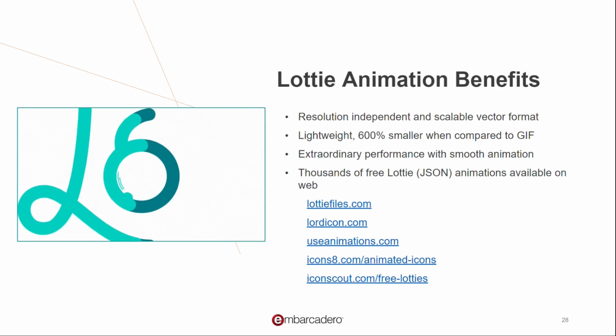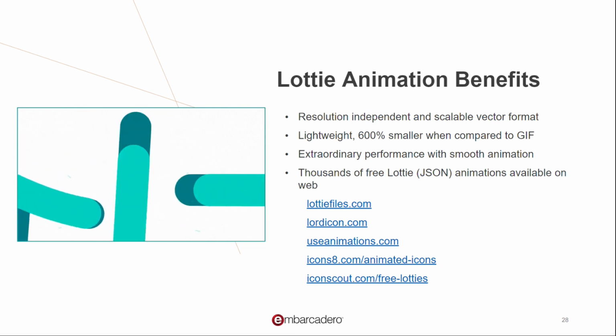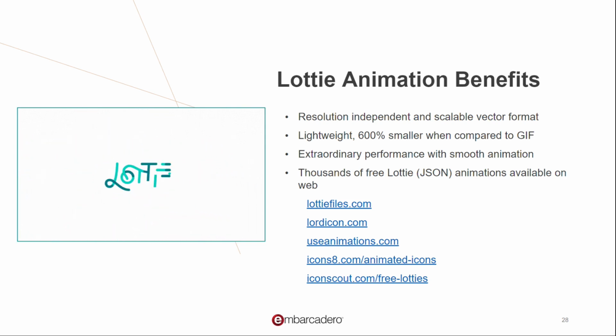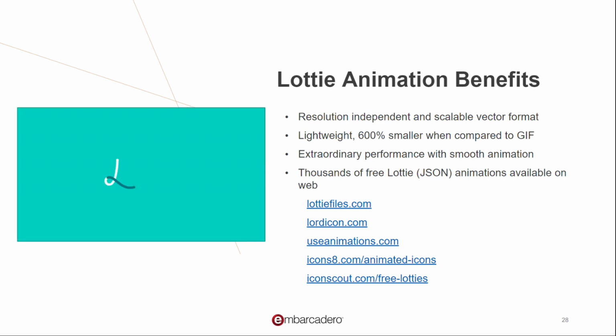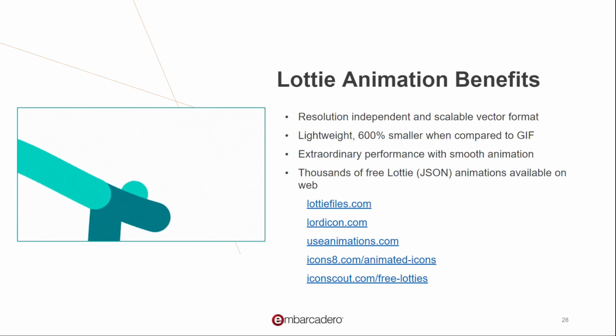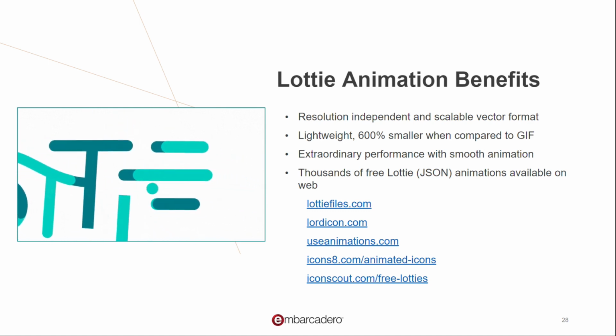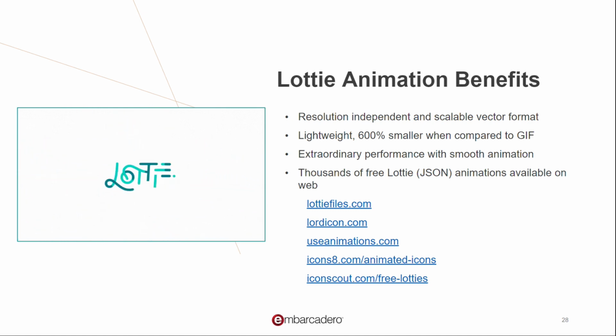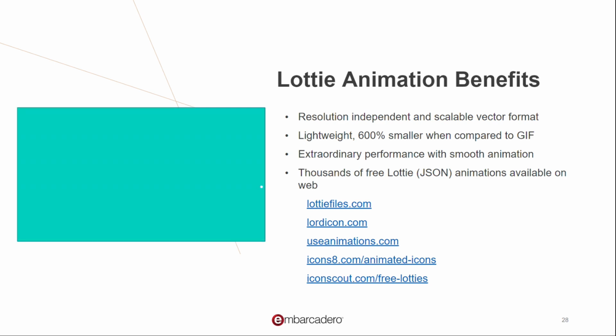They're lightweight, 600% smaller when compared to a GIF, and they have really smooth performance. Interestingly, these were invented by Airbnb as a way to create animations for their applications that would work on the web, mobile apps, and desktop apps, so they could have a consistent animation format for their user interfaces.